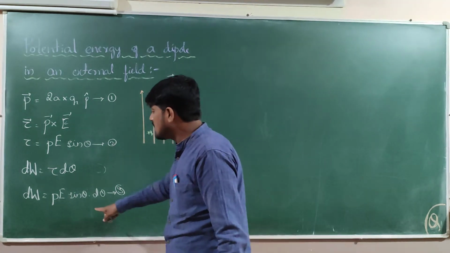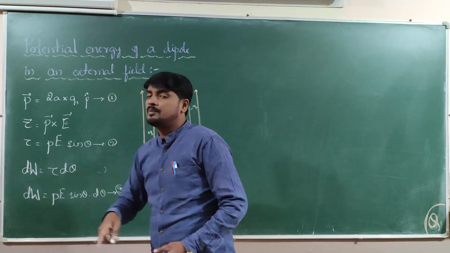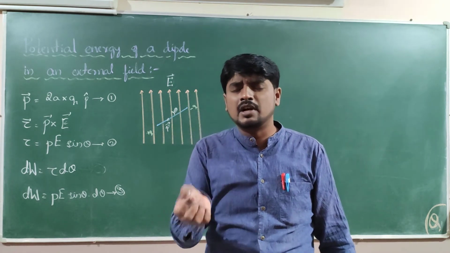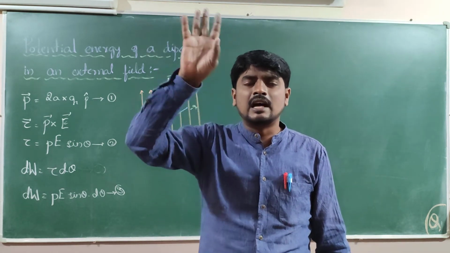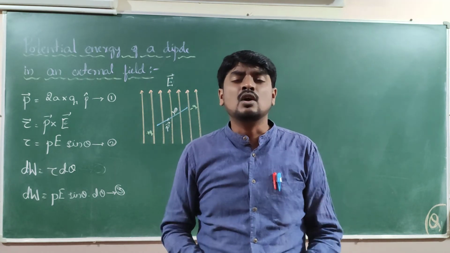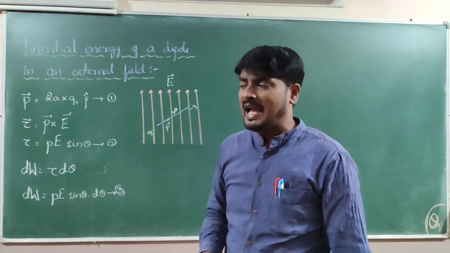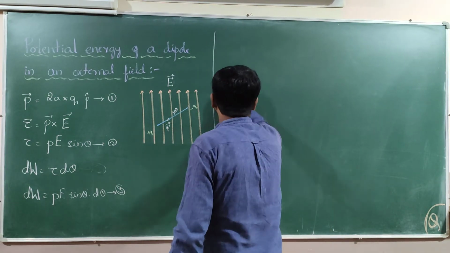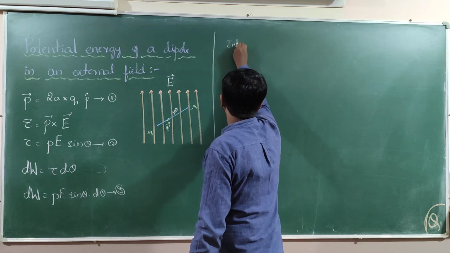For that, I have to integrate. That means there are many small work done terms, dW1, dW2, dW3, and so on. Then I have to add all the small work done to calculate the total potential energy or total work done. For that, I have to integrate between the limits theta 1 to theta 2.